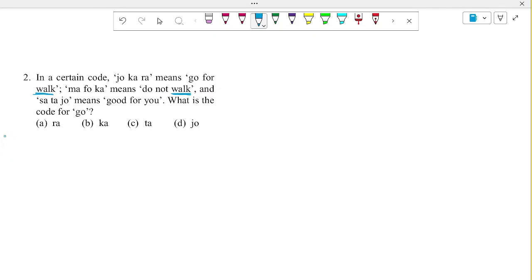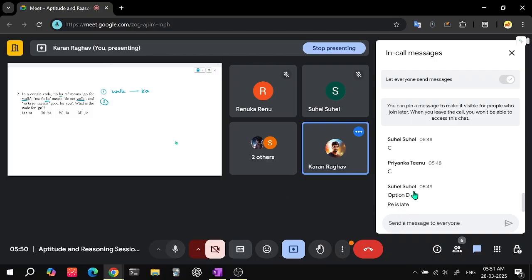The first and second are saying walk and walk. Try to identify which one is common in the codes. This one, KA and KA. So walk is KA. This is the first one. Then second, third, you find out and tell me the answer.